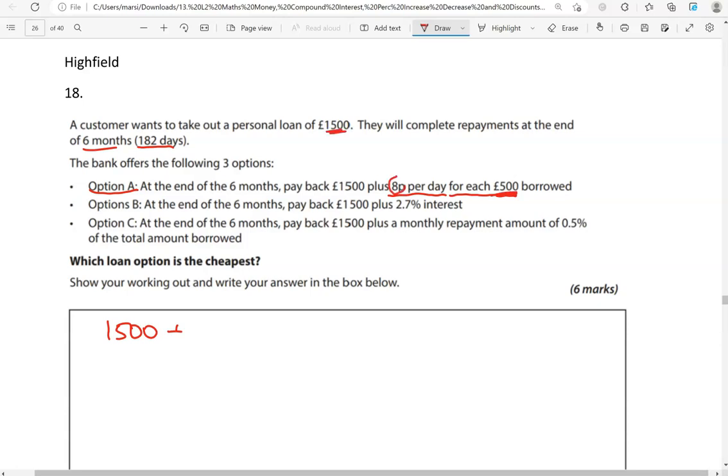So 3 times 8, that is 24 pence. So 24 pence per day. So we'll do 24 times 182. In fact, this is 24 pence and this is £1,500, so we need to convert this into pounds.